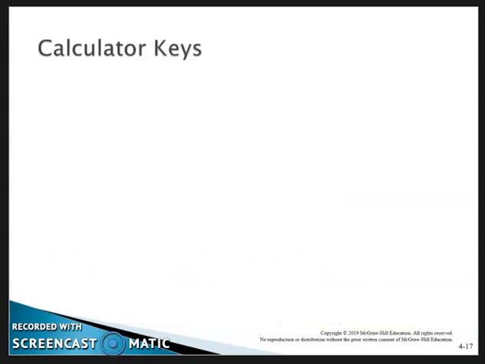Next, we're going to talk about calculator keys. The BA2 Plus is the required calculator for the course. If you don't have access to one, you're welcome to use other calculators, but you should know that all the examples are going to be done using the BA2 Plus.